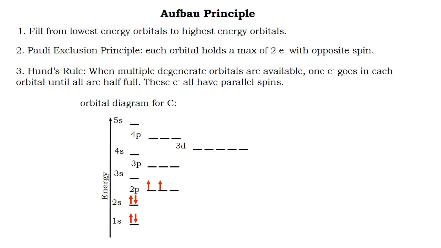And that second electron has the same spin as the first electron, and so they have to both be pointing in the up direction, or both in the down direction. We usually draw them both in the up direction. Now this is just a lower energy situation, is why that happens. The electron configuration is 1s2, 2s2, 2p2. The different p orbitals are not designated in the electron configuration. We just lump all the p electrons together, so 2p2.